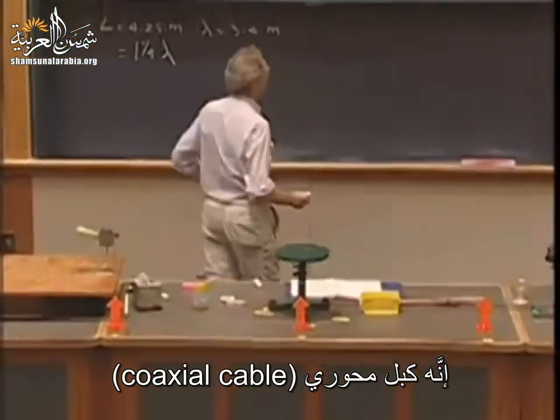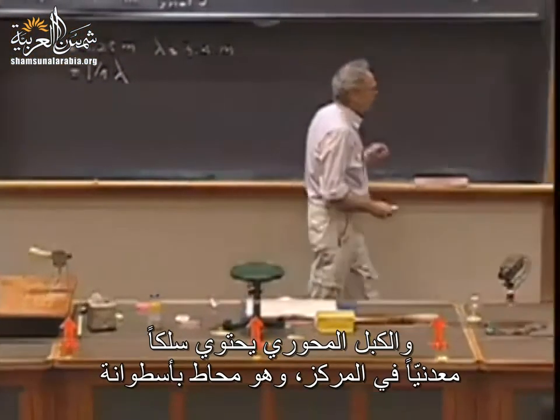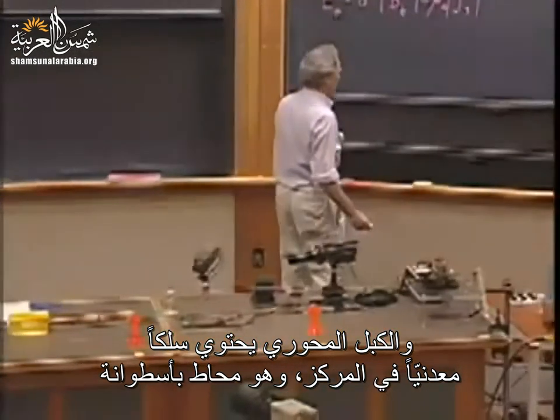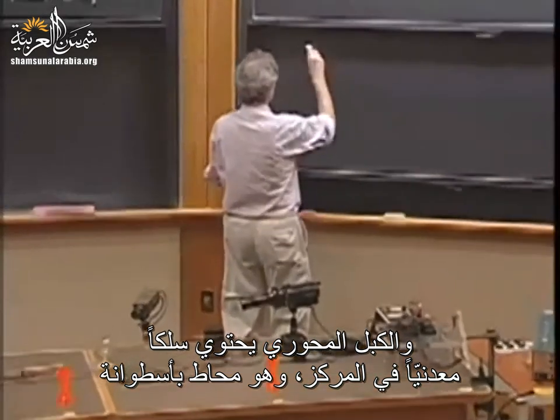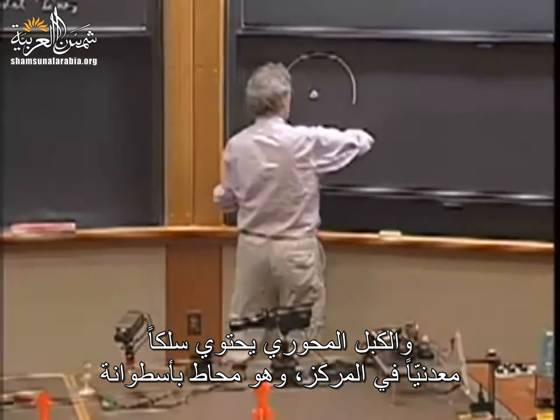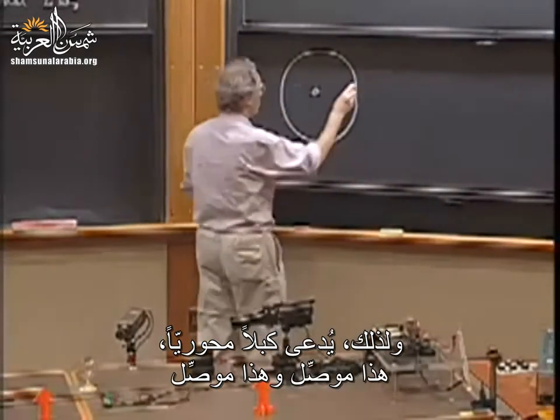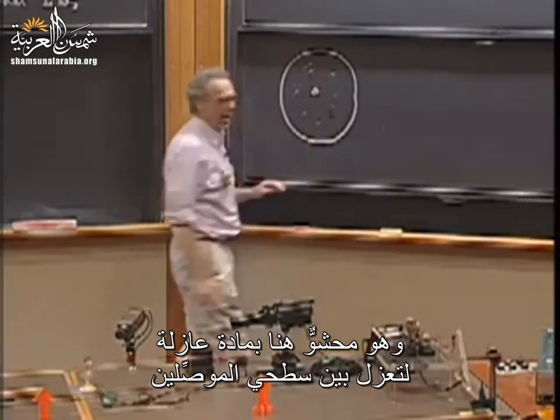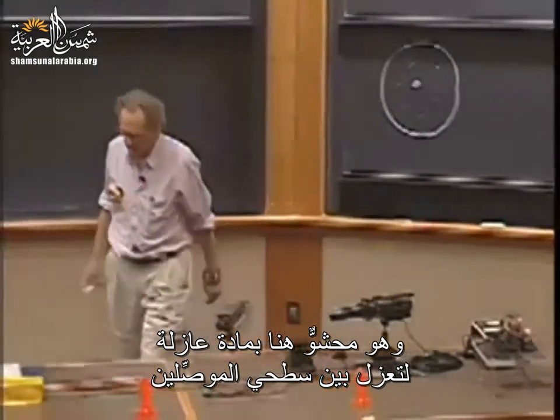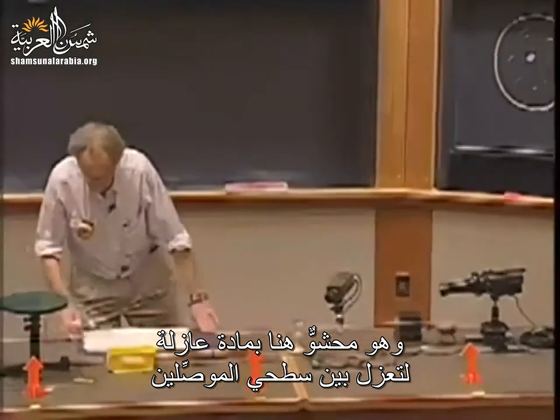It is a coaxial cable, and a coaxial cable has a wire which is at the core, metal, and then there is a cylinder around it. That's why it's called coaxial. So this is a conductor and this is a conductor, and it is filled here with dielectric material to insulate the two conducting surfaces.